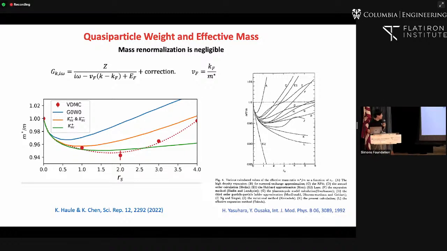So we use our minimal theory to calculate the effective mass up to a fairly large rs, and it turns out the effective mass is just as predicted by the G0W0 approximation, roughly negligible. It's almost negligible in the simple metal. So this basically resolves the effective mass puzzle for the electron gas.